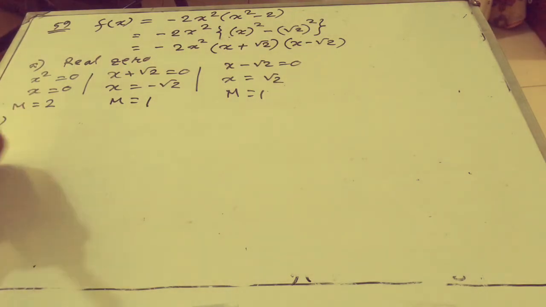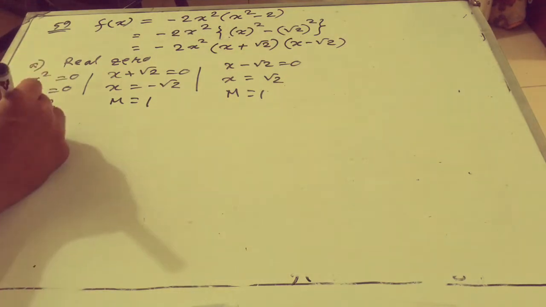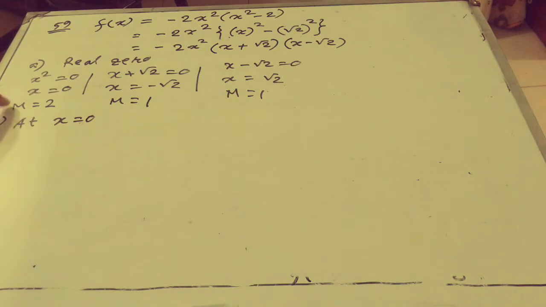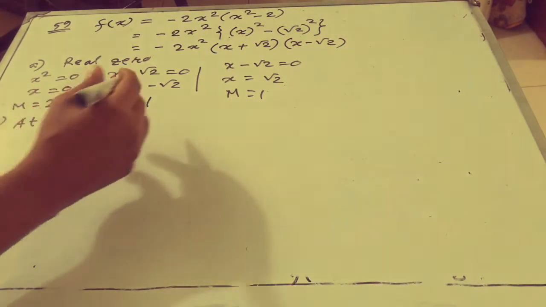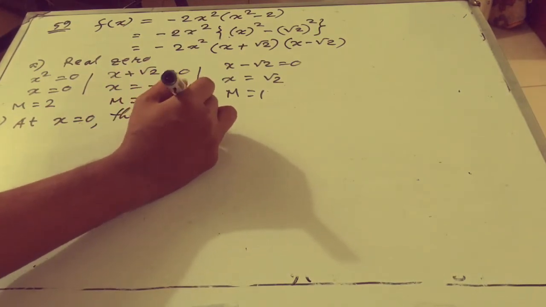Now part B. The question is to determine whether the graph crosses or touches the x-axis at each x-intercept. One x-intercept is at x equals 0. The multiplicity is 2, and for even multiplicity, the graph touches.